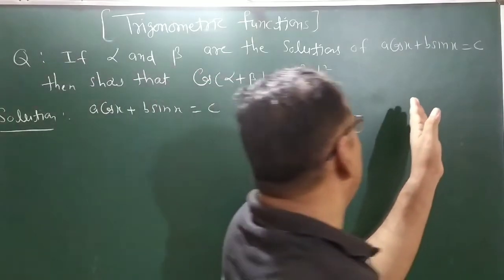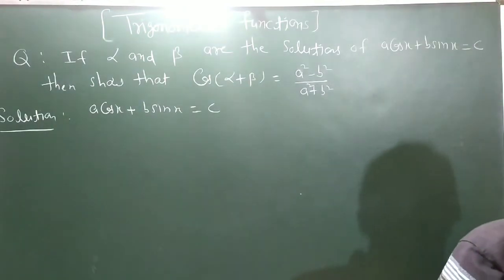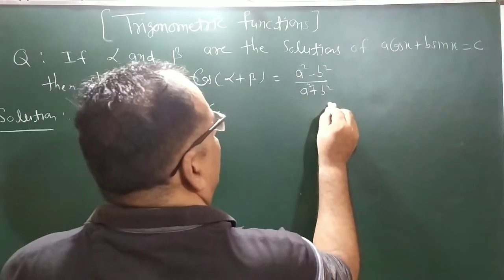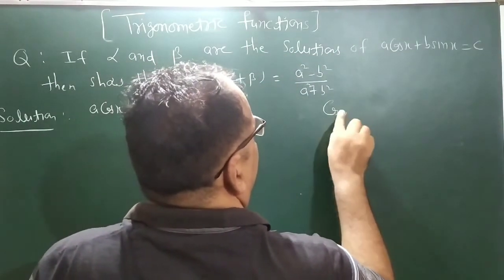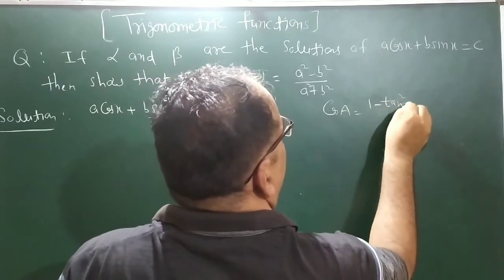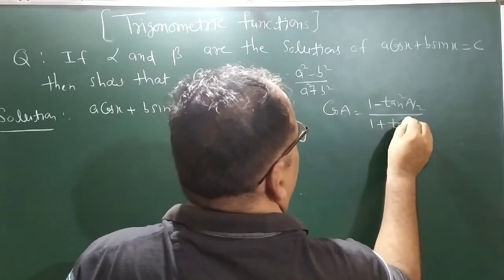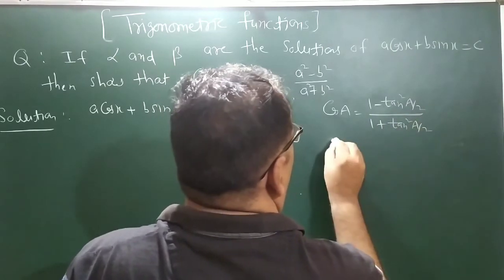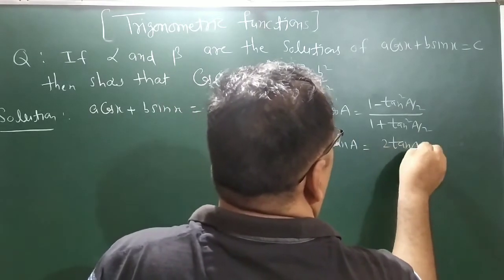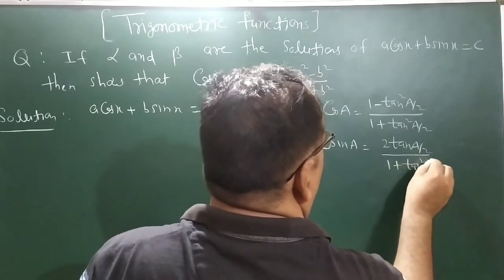This equation is not in quadratic format this time. So first we convert this equation into the quadratic format. So use the identity cos a equal to 1 minus tan square a upon 2 upon 1 plus tan square a upon 2, and sin a equal to 2 tan a upon 2 upon 1 plus tan square a upon 2.